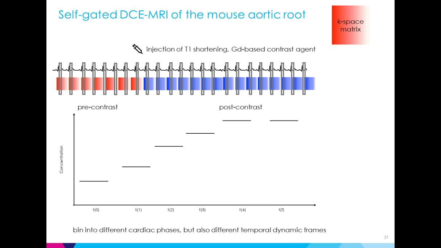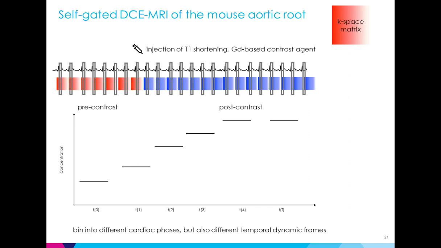We could continue to acquire constantly the same K-space matrix over time, over many, many cardiac cycles, to obtain, as I said before, different cine images of the heart in different phases and of the root. But during this acquisition, which in this case would have to be very long, maybe half an hour or more, we also inject a T1 shortening contrast agent.